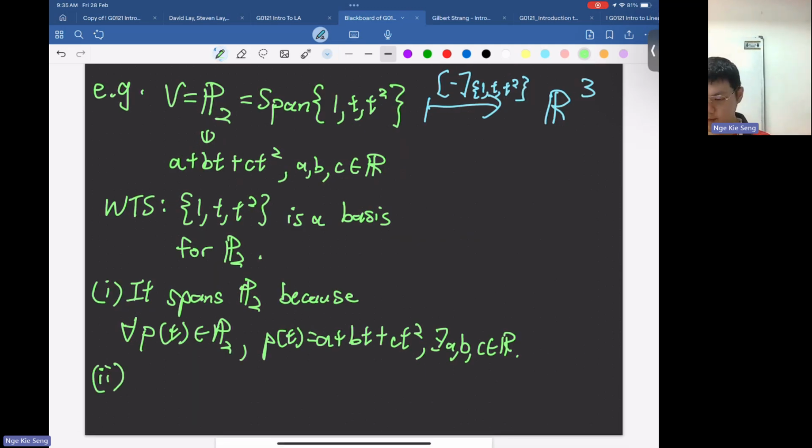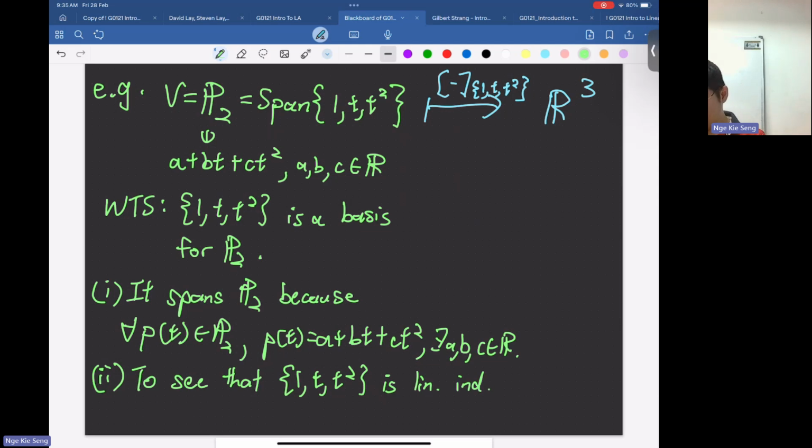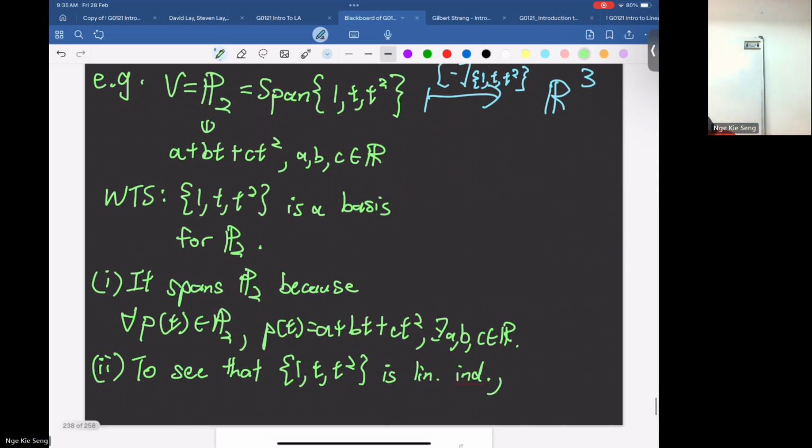But how about linear independence? To show that 1, t, t squared is linearly independent, we need to check what? The definition. I've repeated it for so many lectures already.